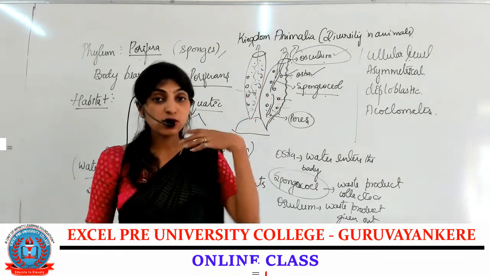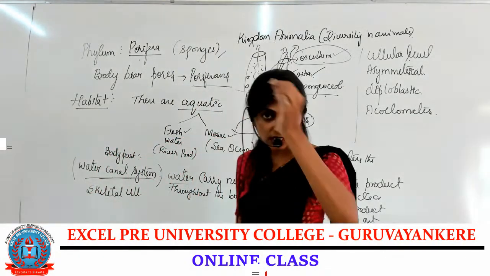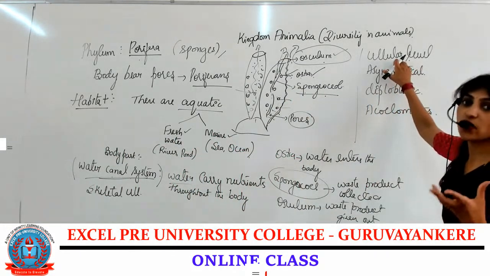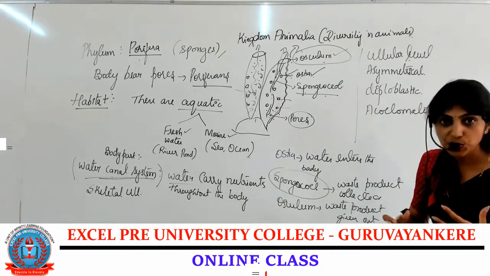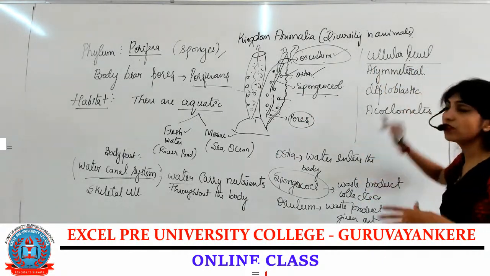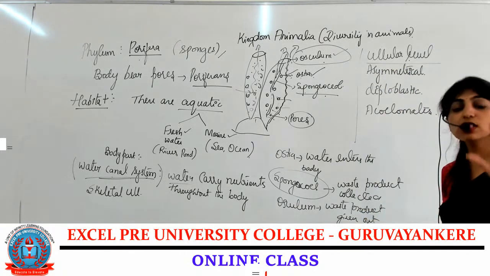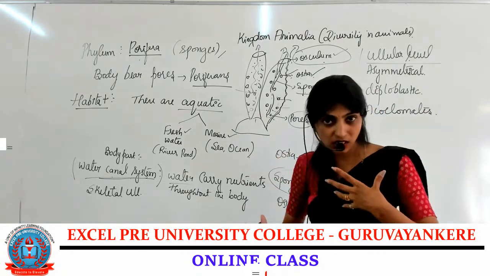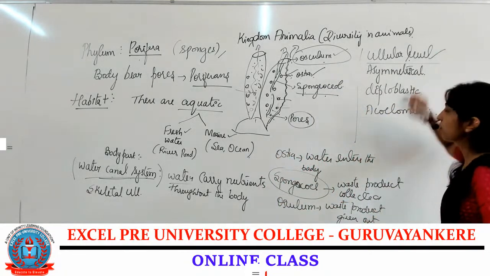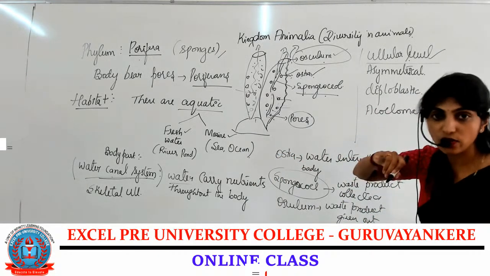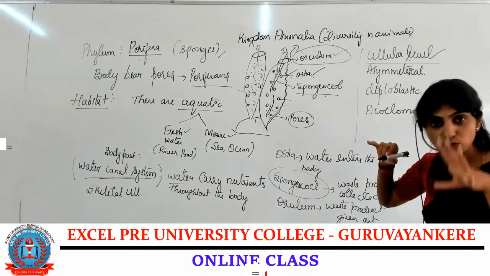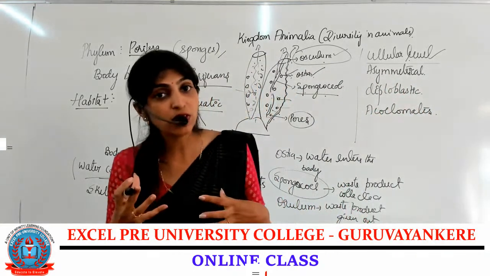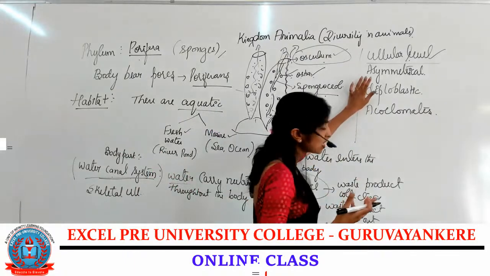It has an exoskeleton. The skeletal cells are present outside the body. Then, their level of organization. What type of organization do they have? The organism has a very low level of organization. That means they are not differentiated into tissues or organs. They show the basic level of organization, that is the cellular level, where the cells are loosely arranged and each cell has an individual function. Then we have asymmetrical.